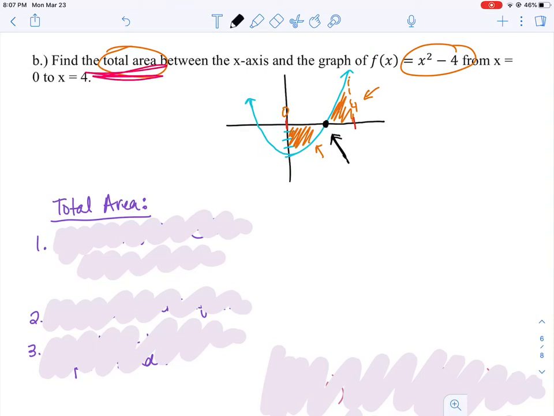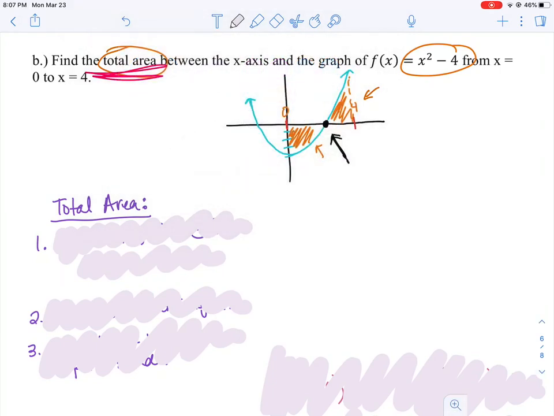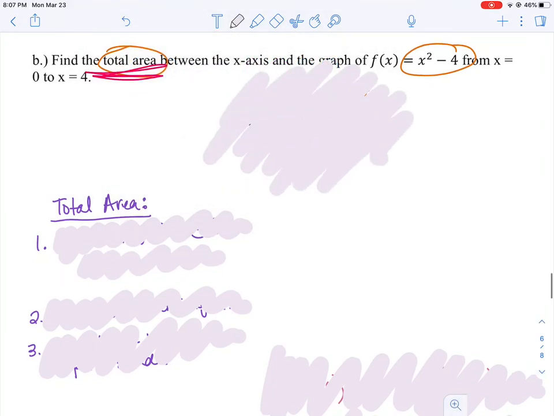So let's pretend that I didn't have the picture anymore, right? So kind of cross that off, cover it up. We'll maybe use it later as a reference to make sure that our answers make sense. But let's pretend like we didn't have the picture. Let's go back to our original problem and work through finding the total area without a picture. Okay, so the first thing again we want to do is figure out when our graph is positive versus negative.